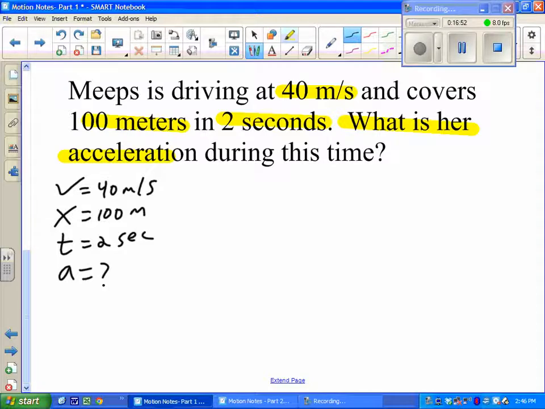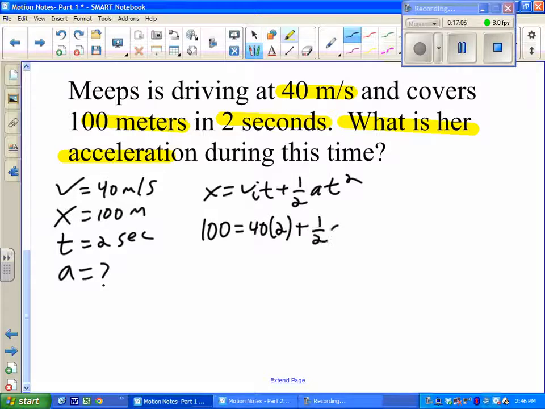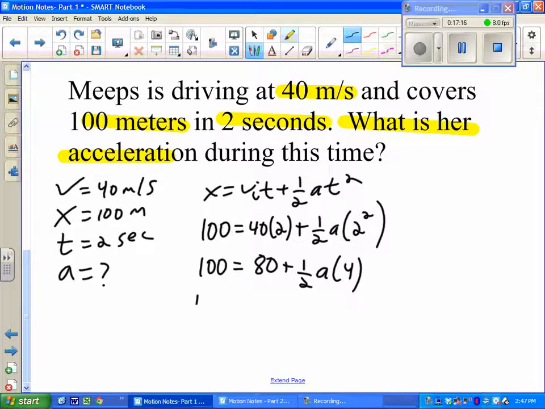Because I have that x and an a, I'm going to use this equation. And I'm going to plug in my numbers. 40 times 2, 1/2 a 2 squared. 40 times 2 is 80. 2 squared is 4. Half of 4 is 2.